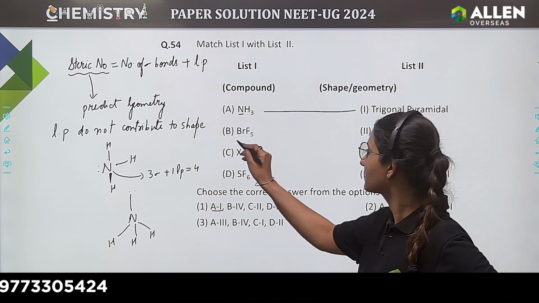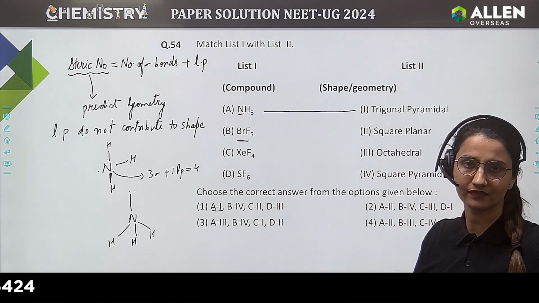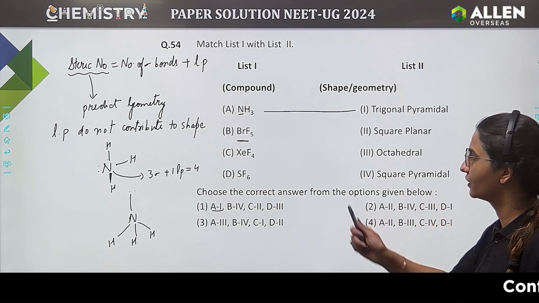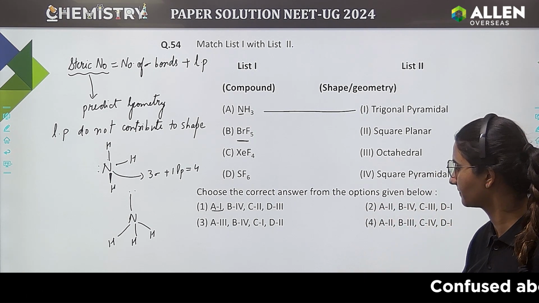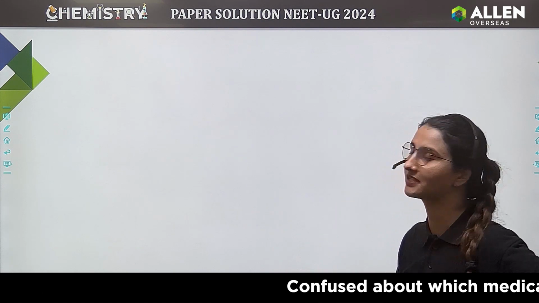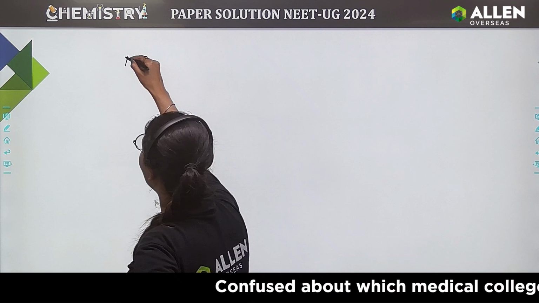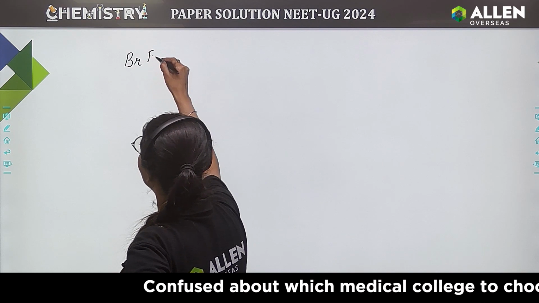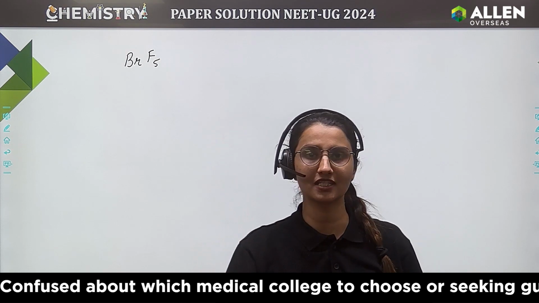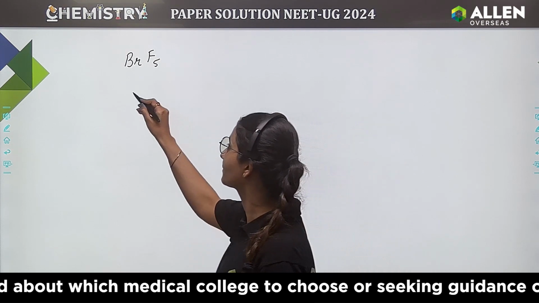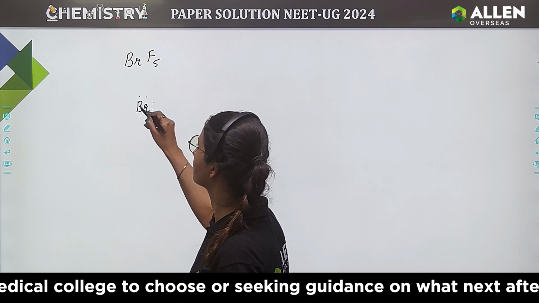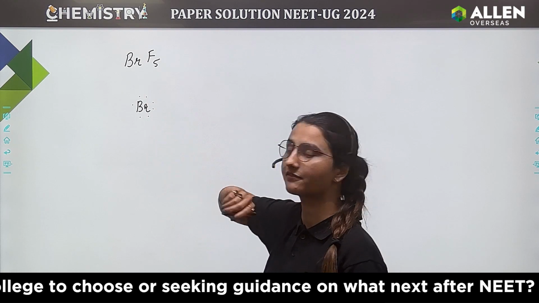Suppose, students, I am now discussing BrF5. I'm doing this on a new sheet, right? We all know that Br is an element of group 17, yes? How many valence electrons does it have? It has 7 valence electrons. It is linking with 5 Fs.